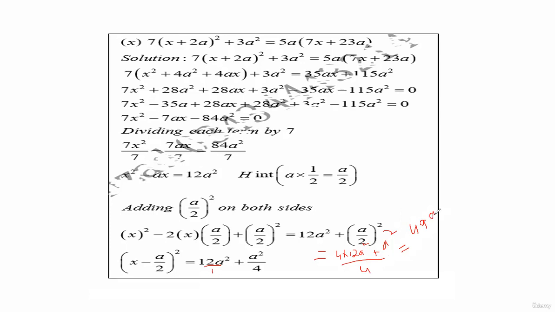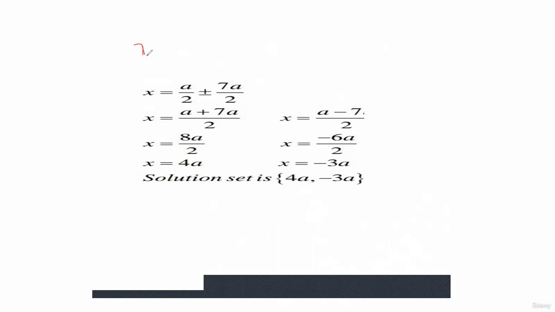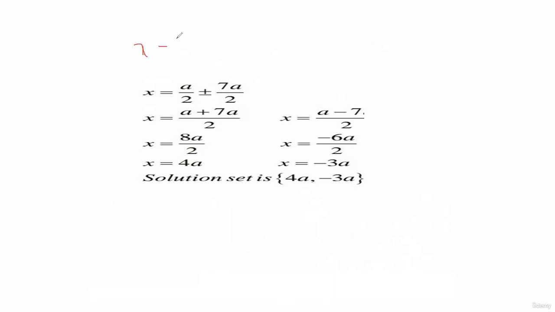Now you have to take the square root of 49a square upon 4. When you take the square root, you have x is equal to plus minus a upon 2 because I have to take the square. a upon 2 is equal to the square root of 49, so it is 7a upon 2.